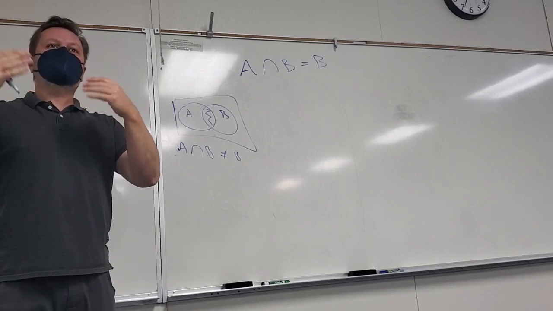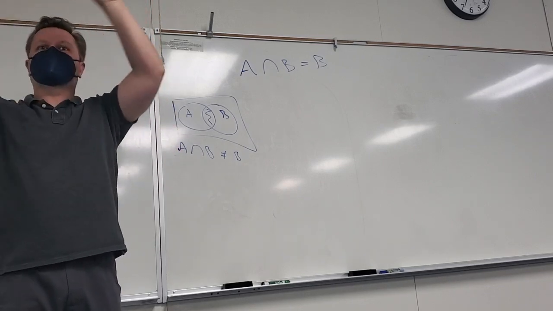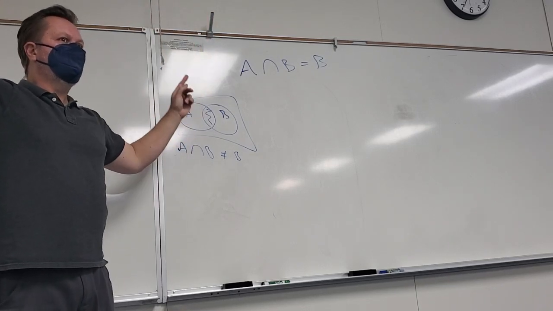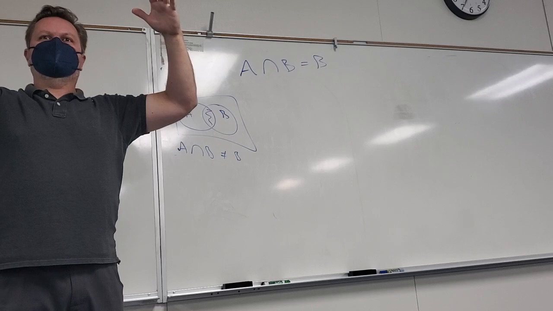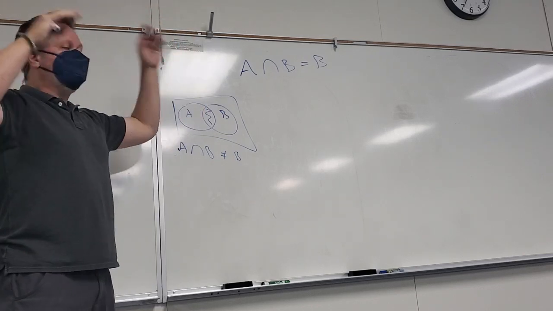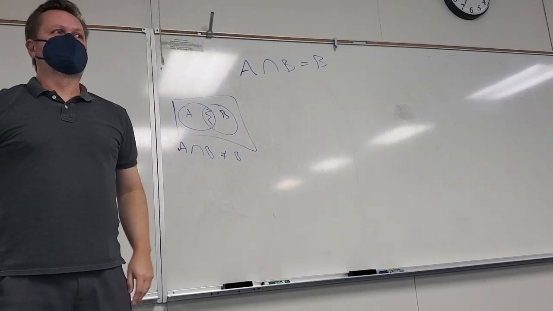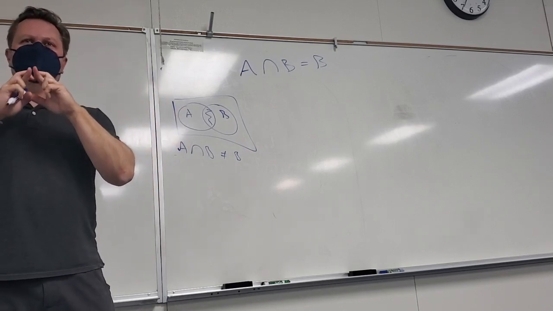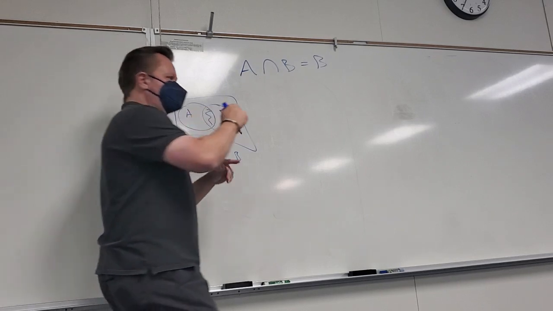So how would you change the picture? You could put the circles wherever you want; this is just one way to do it. What would you change so that the intersection is the whole set B? Right on top of each other? Yeah, okay.